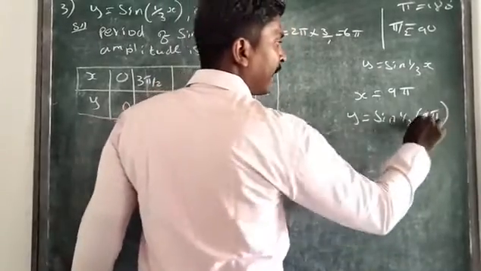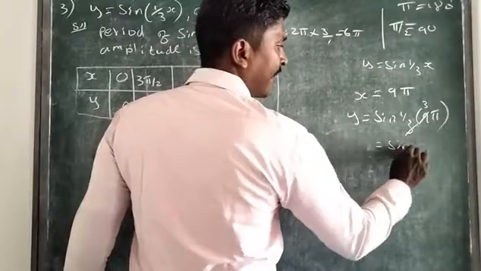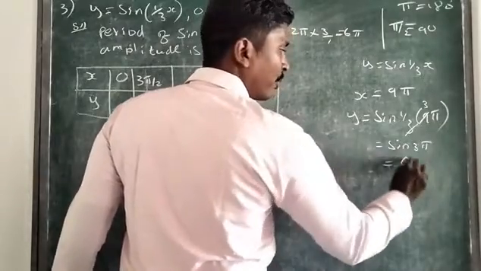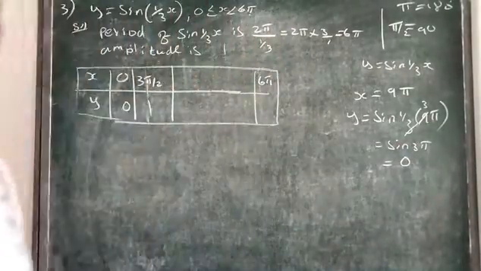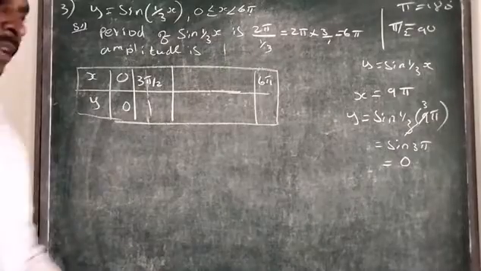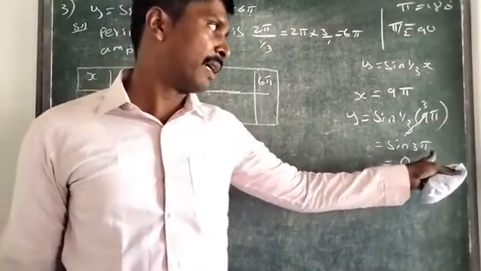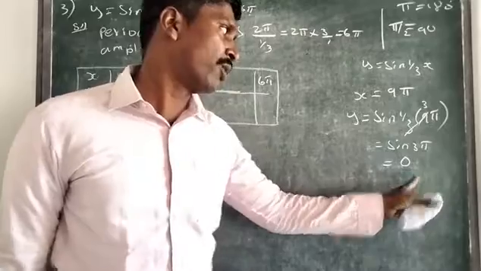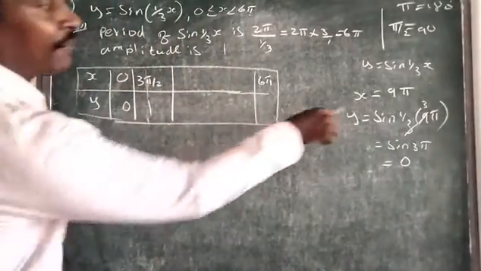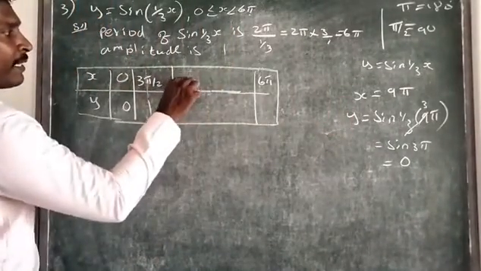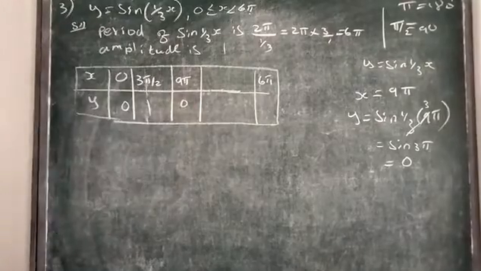The 3 cancels and 3 pi will come. Sin 3 pi value is 0. Sine of any multiple of n pi, whether odd or even, becomes 0 only. So when we substitute 9 pi instead of x, y becomes 0.